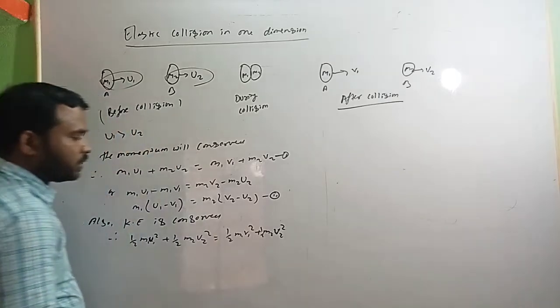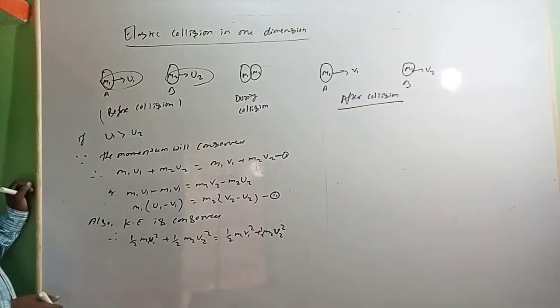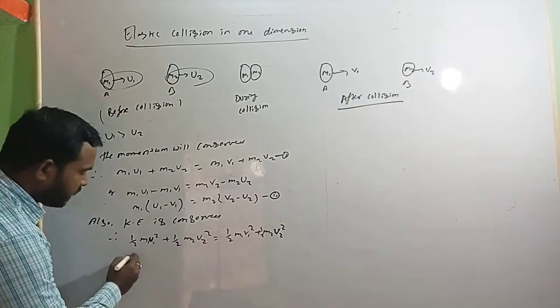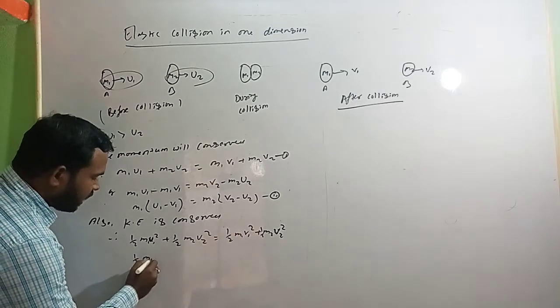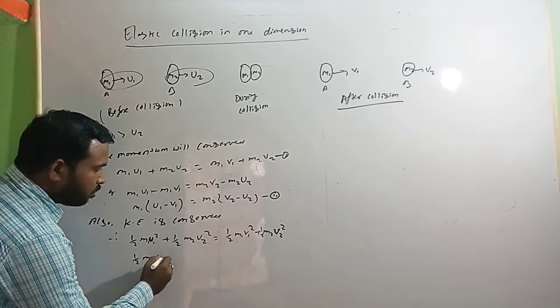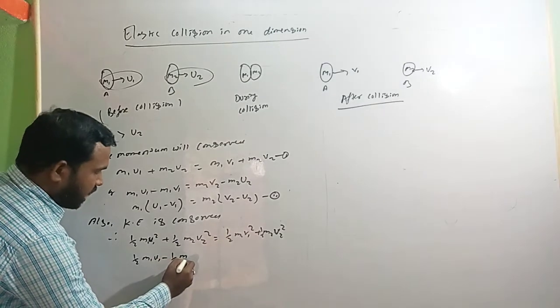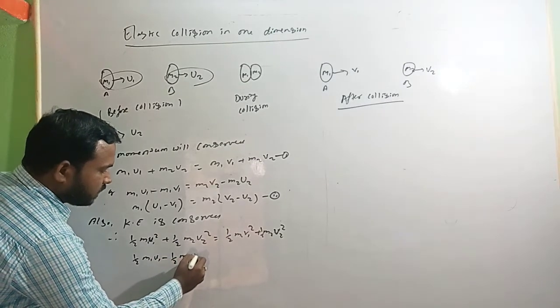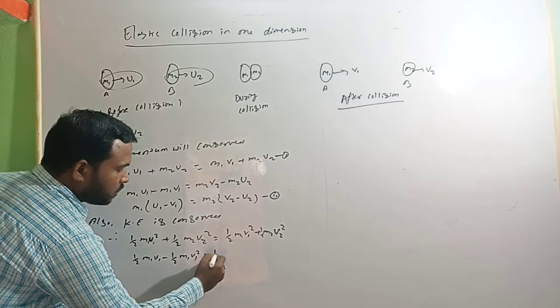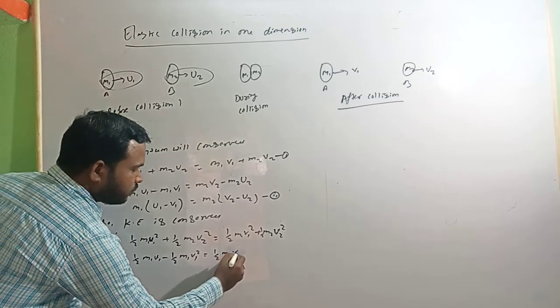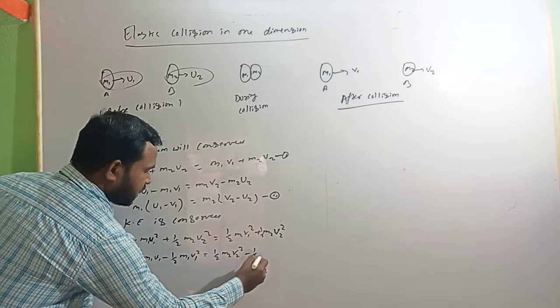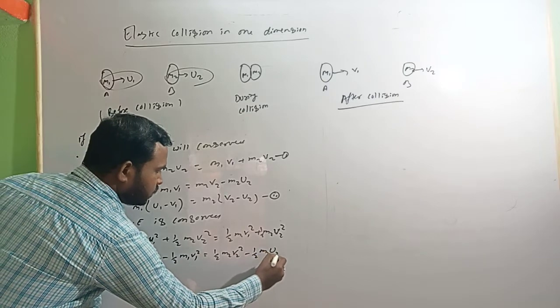Can we write? Okay. Now again arrange this: half m1 u1 square minus half m1 v1 square is equal to half m2 v2 square minus half m2 u2 square.